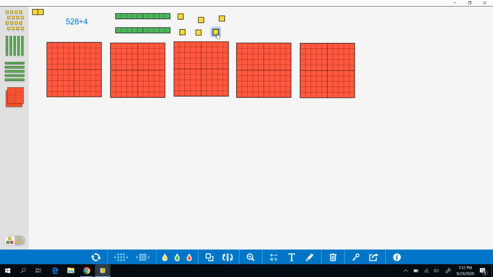All right, so 528. It's really important that you always build the number first before you start the division, okay, on this app.